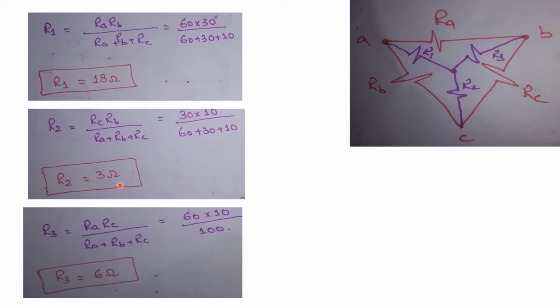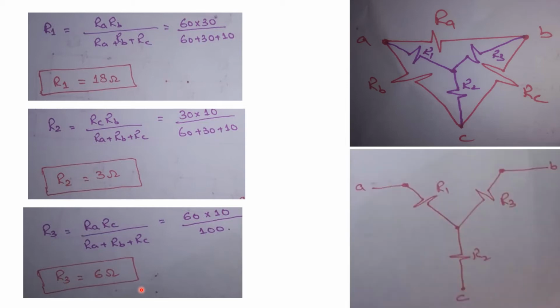Now in the third step, you will have to find the value of R3, which is equal to RA multiplied by RC divided by the sum of all the resistance of the delta network. So R3 is equal to RA into RC divided by RA plus RB plus RC. When you substitute the values of these resistances, you will get the value of R3, which is equal to 6 ohm.